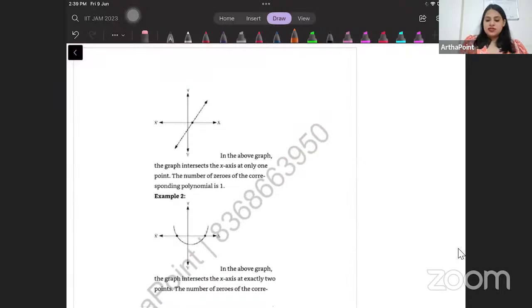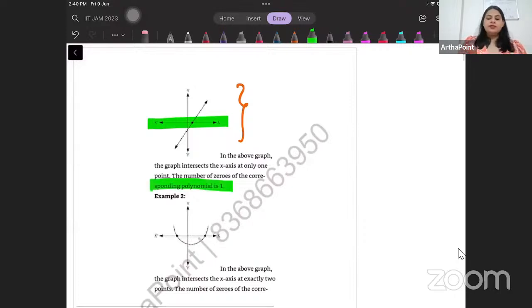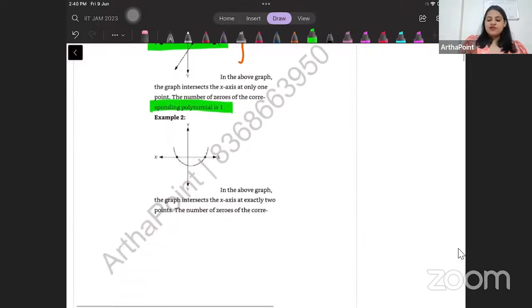Consider this. In this graph, the x-axis is only intersected one time. Here, this is my x-axis, and it gets intersected only at one point. This means that the number of zeros of this polynomial is only 1. Okay, come to the next graph, beta.